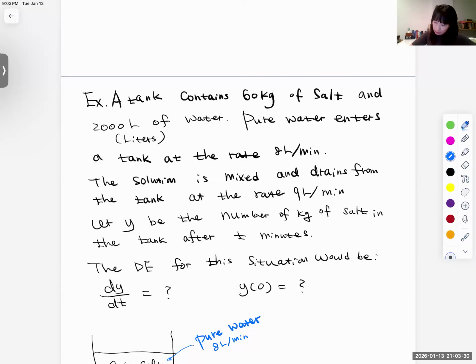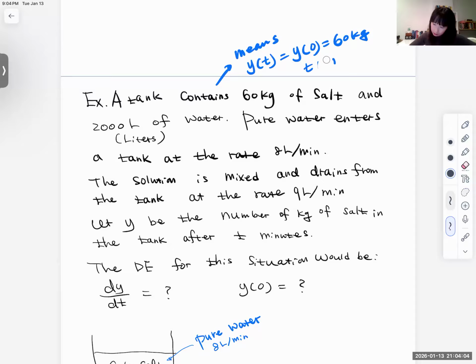So y is a function of t, where t is in minutes, so y(0) equals 60 kilograms, at t equal to 0 minutes. That is the initial value, the initial condition.